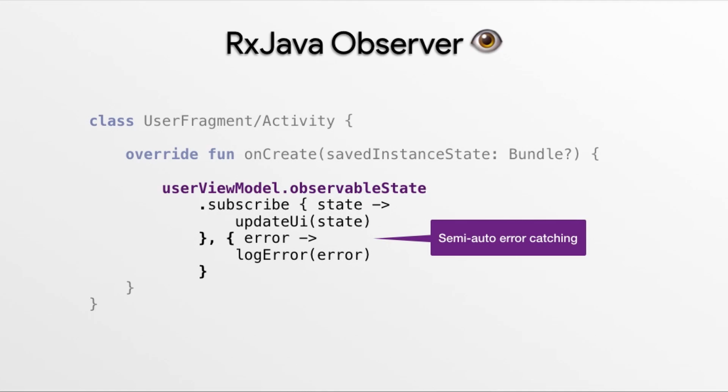But once you do have that written out, it starts to become a habit very easily, because any error anywhere in that chain gets caught. So if that observable gets an error, it gets caught and logged. If the update UI function or the subscribe function or the state, anywhere in that there's an error, it will get caught in there. It's like a massive try-catch. It's just not always the best thing, but because you've scoped it to a specific function, it's a sensible try-catch.